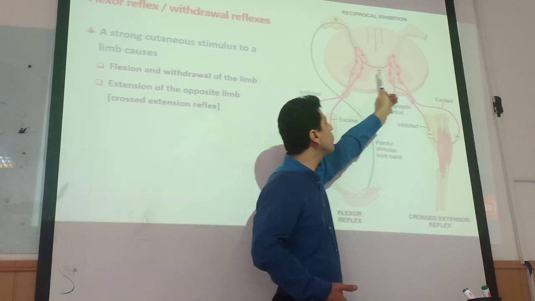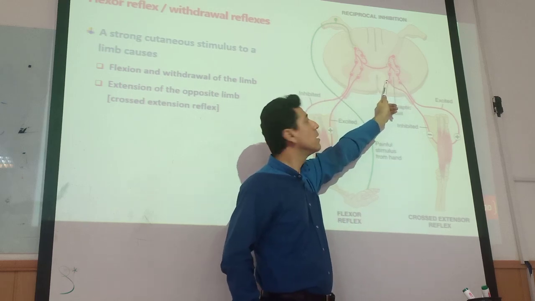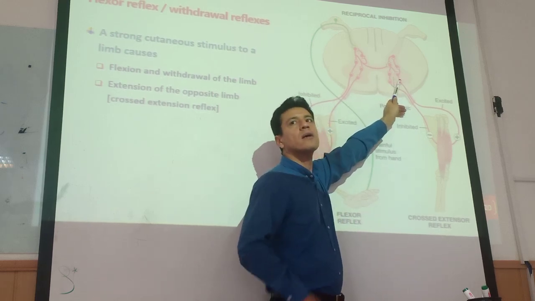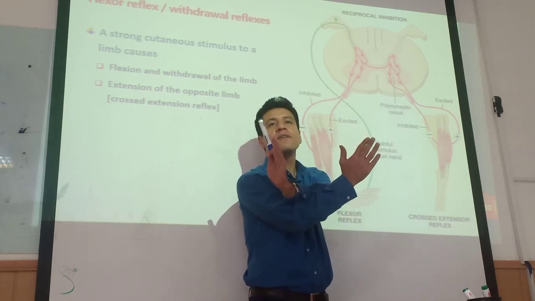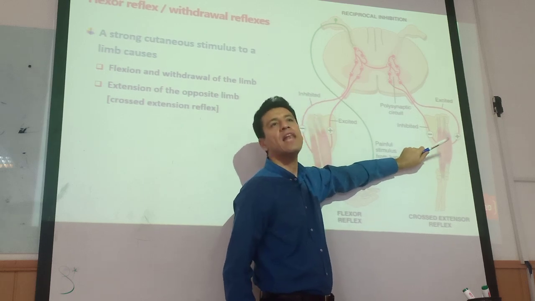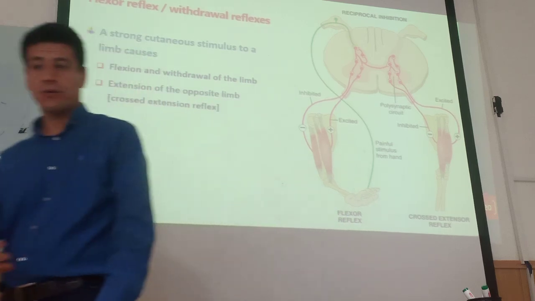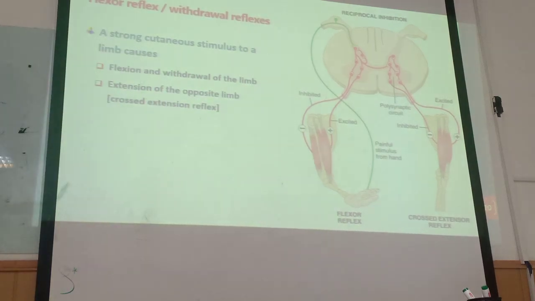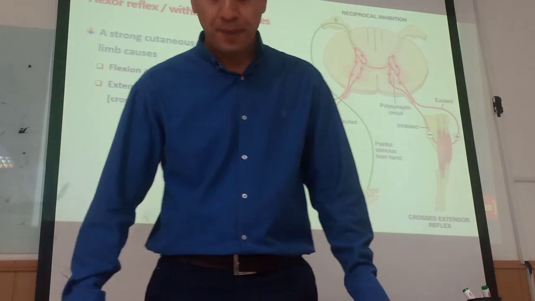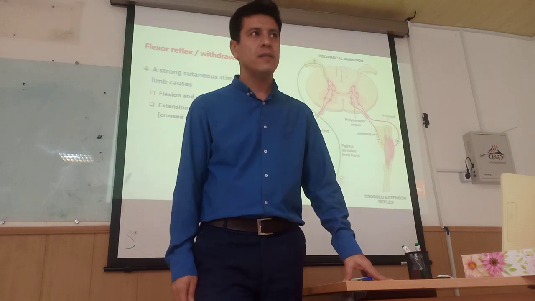But some other interneurons go to the opposite side and activate another population of interneurons. These neurons cause an opposite pattern of activity on the opposite side. So they relax the flexor and contract the extensor. So extensors contract, flexors are relaxed. Why do we need this? For example, if you have pain in your leg, I mean sudden pain, right?